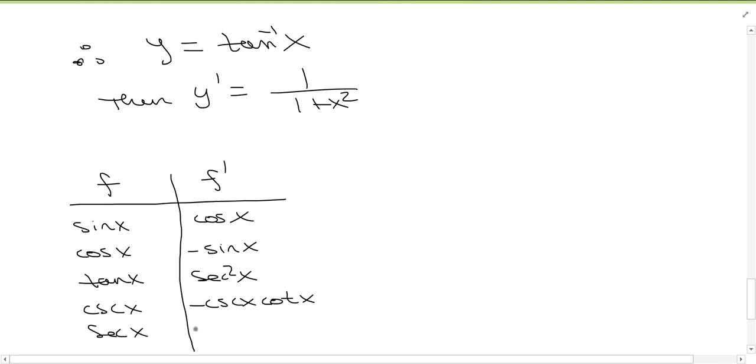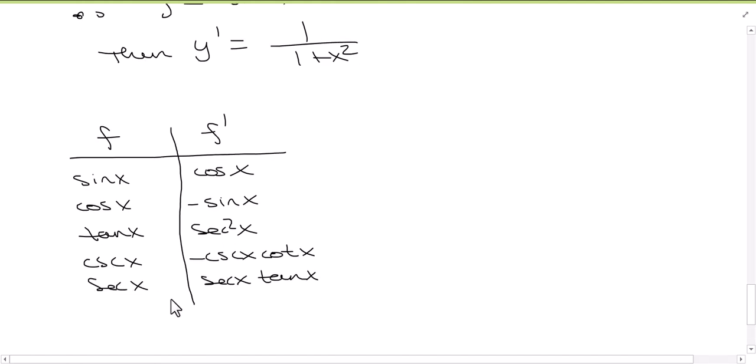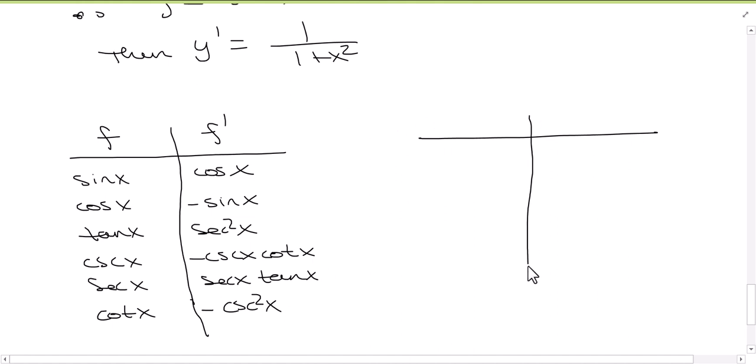Secant is positive secant tangent. And which one am I missing? I'm missing cotangent. So cotangent is negative cosecant squared x.